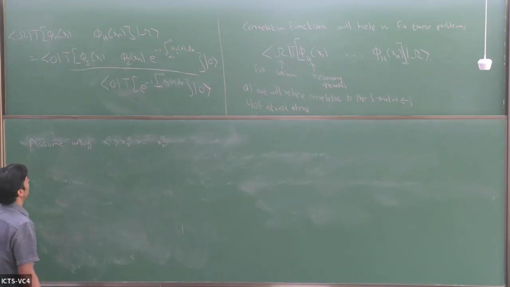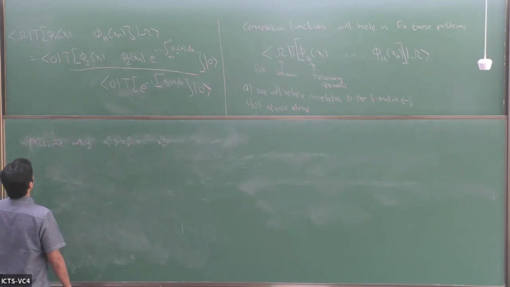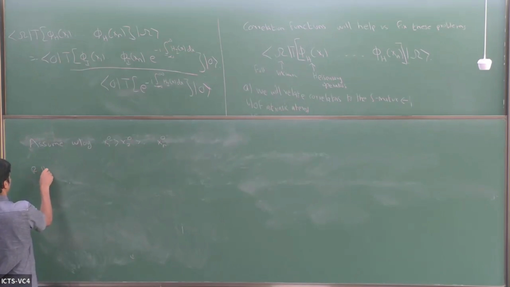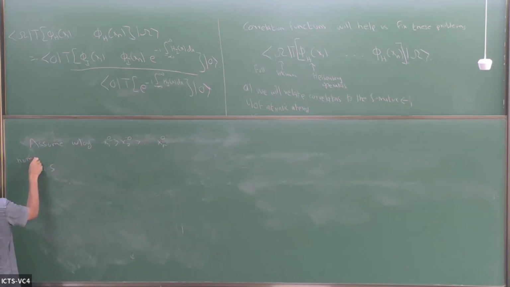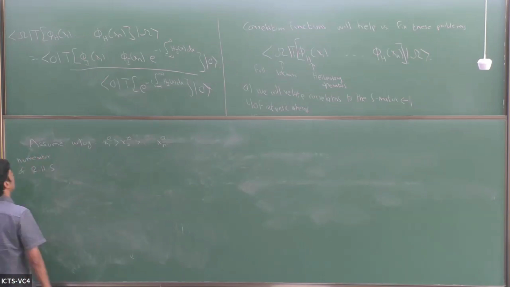So now let's write down the expression for the right hand side. First, let's look at the numerator of the RHS. What does this look like?